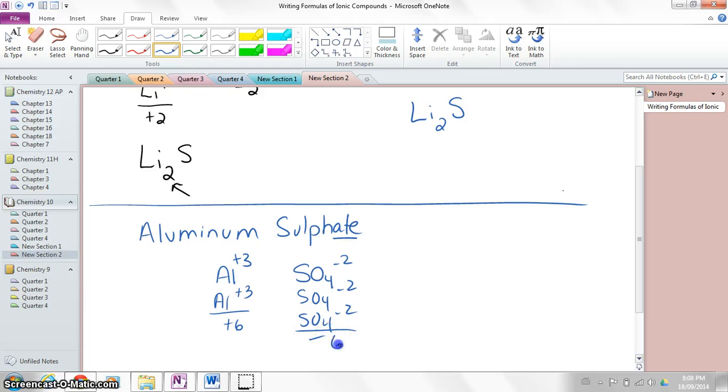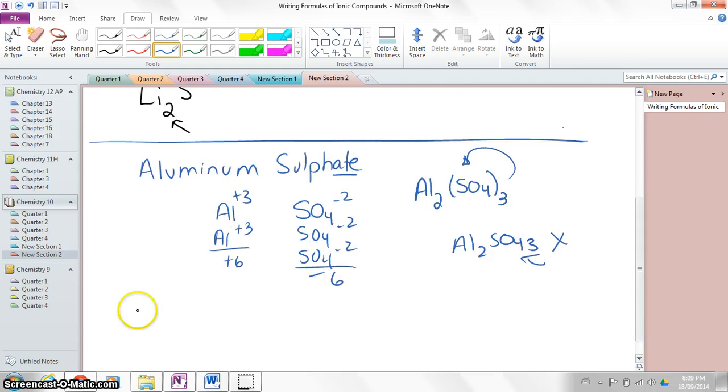That would give me a -6. So to write the formula to show that I have 2 aluminums and 3 sulfates, I need to use brackets to show I have 3 sulfates. Otherwise, I'd write Al2SO43, and I don't have 43 oxygens. I have 3 sulfates.